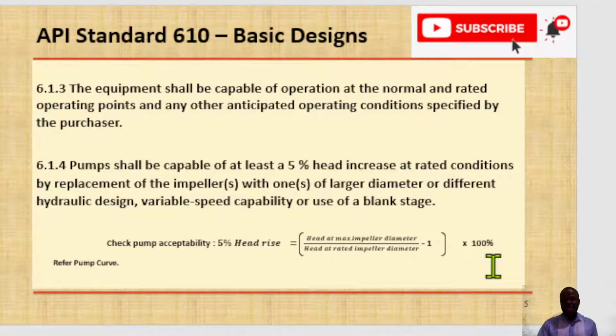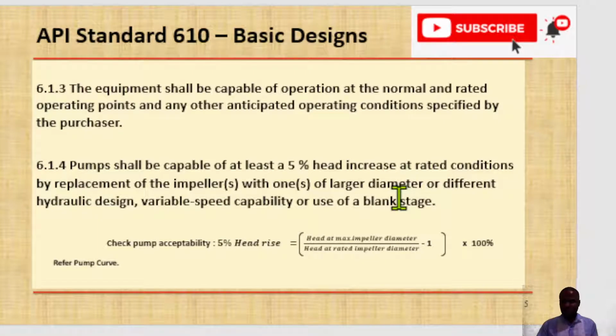times 100%. When you use these values in this expression, once you have a value greater than 5%, that means the pump the vendor is about to supply to your plant has met this condition of 5% head increase as specified in API 610.